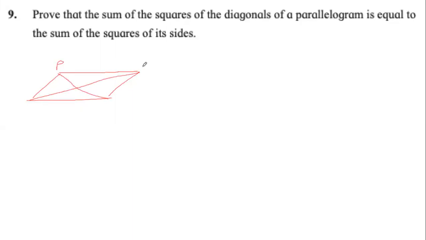Suppose this parallelogram is PQRS, and suppose the diagonals intersect at T. We know that diagonals of parallelogram bisect each other. What it means is T is the midpoint of PR and T is the midpoint of SQ also. So we can indicate like this.